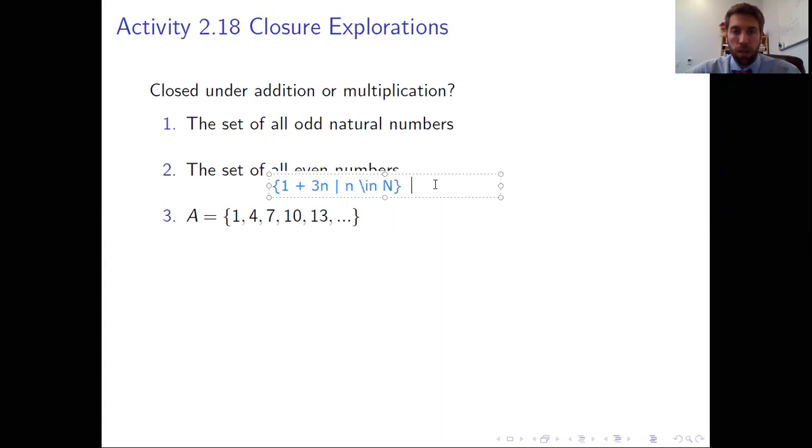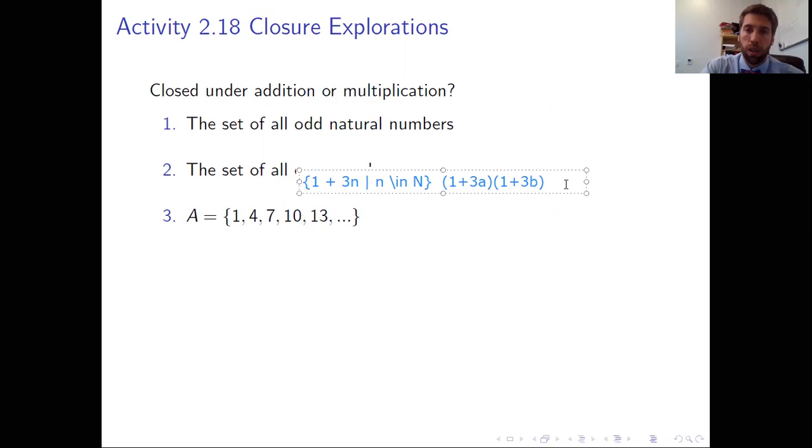Okay, so that means these are the same sets. So this lets me say, what does a random number from this look like? Well, pick a random natural number, multiplied by 3 and add 1, and I have a random number for this one. So if I want to see if it's closed under multiplication, take two arbitrary numbers. So 1 plus 3a times 1 plus 3b, where a and b are natural numbers.